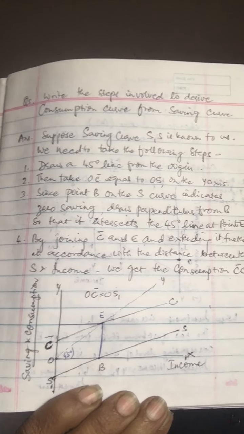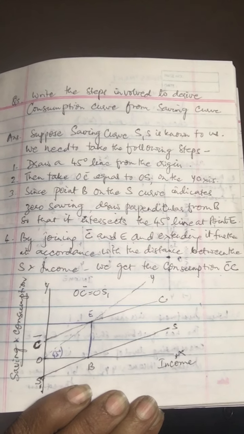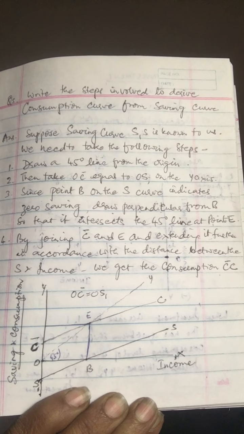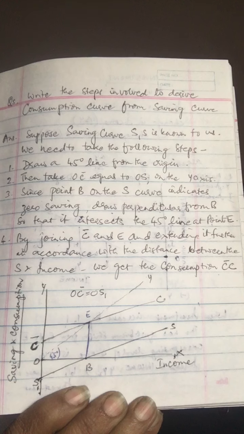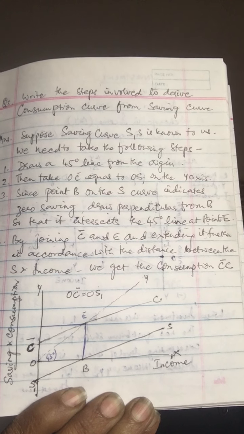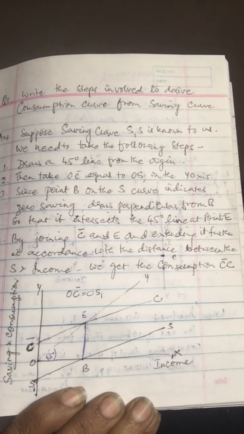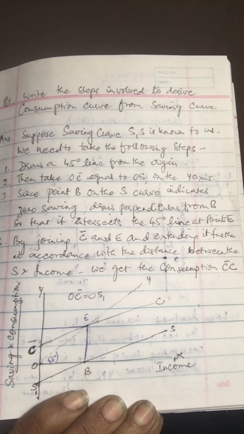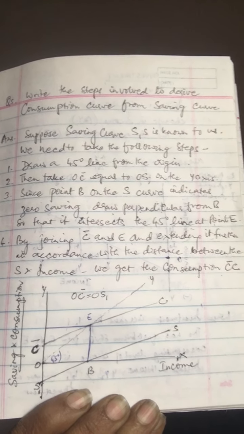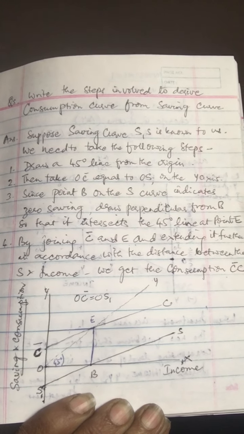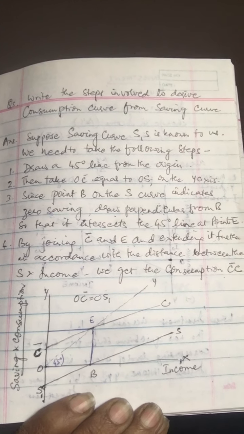The first step is to draw a 45-degree line from the origin point. Then take OC dash equal to OS on the y-axis. OC dash is autonomous consumption, and show it on the negative y-axis as OS1.